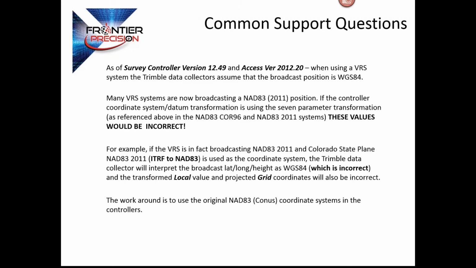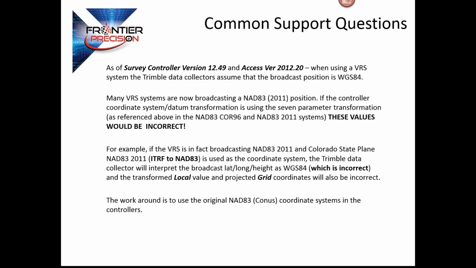If the controller coordinate system and datum transformation is using a 7-parameter transformation as referenced above in NAD 83 CORS 96 or the NAD 83 2011 systems, WGS 84 and your local position will not be the same, and that will produce an incorrect value in the field. So, for example, if the VRS is in fact broadcasting NAD 83 2011 and you're working in Colorado State Plane, NAD 83 2011, which is now called ITRF to NAD 83 in your data collector, that is the choice.